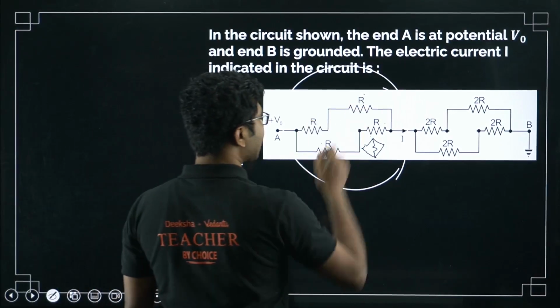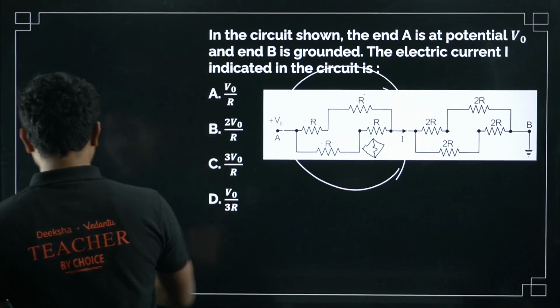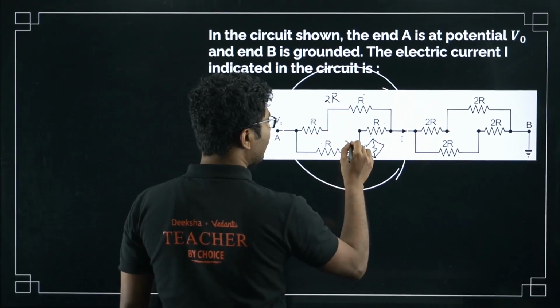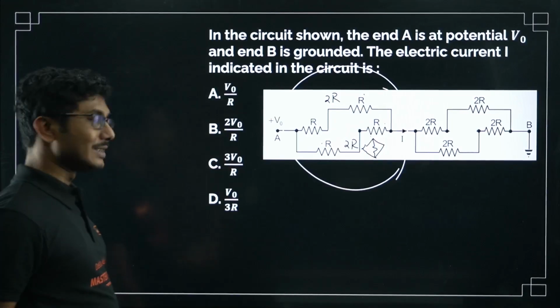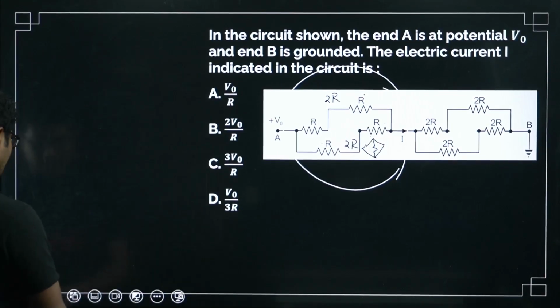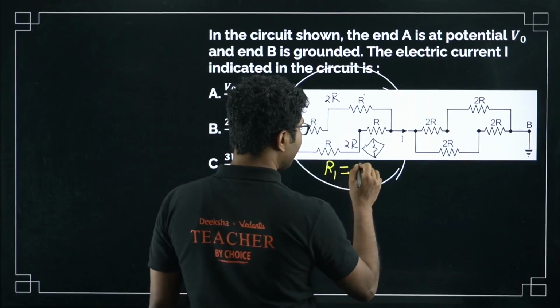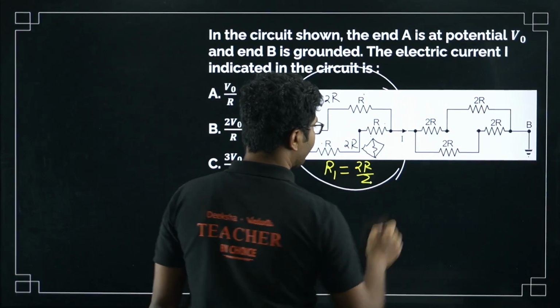So R plus R is 2R, and this R plus R is again 2R. Now 2 equal resistances of 2R connected in parallel have an equivalent resistance, say R1, of 2R by 2.